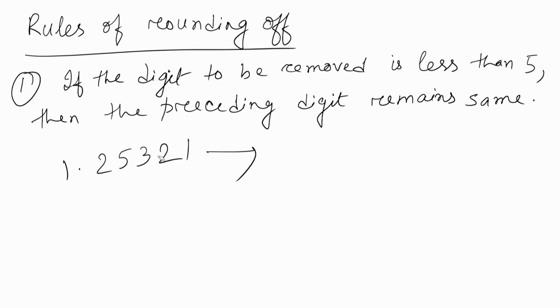So if we try to stop this number at 3 decimal places, then we are removing this number. This is 2. 2 is less than 5. So we can round off this number to 1.253.